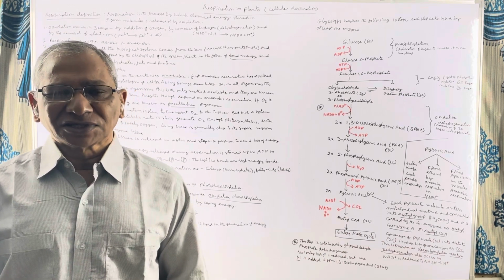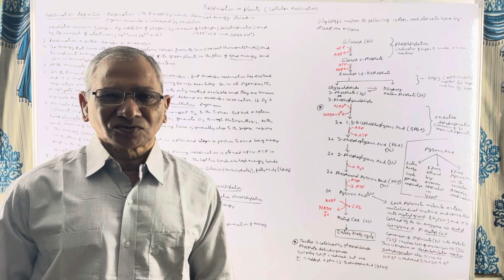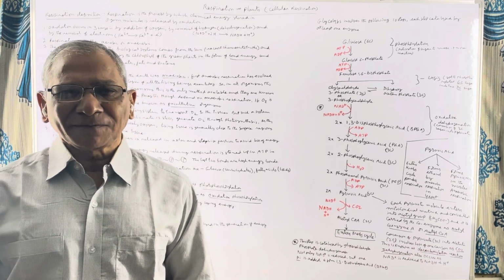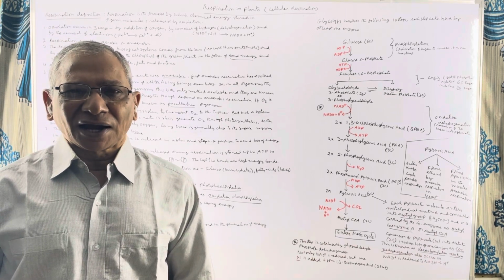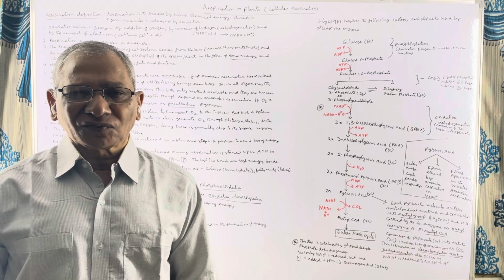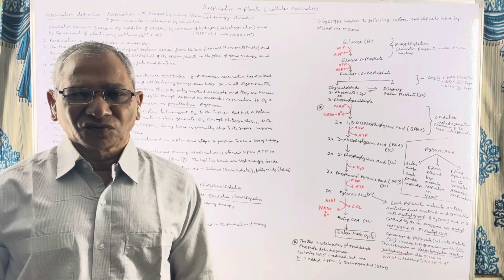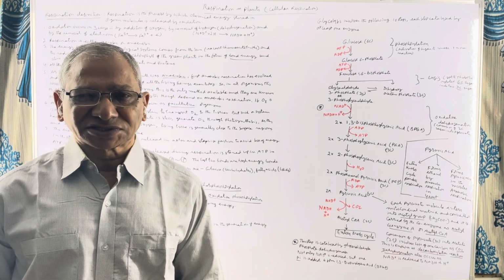The sun releases vast amounts of energy in the form of radiant energy. This radiant energy is trapped by the green plants in their chlorophyll, and this energy coming from the sun is stored in the form of bond energy, first in the ATP. I have explained all these processes in photosynthesis.